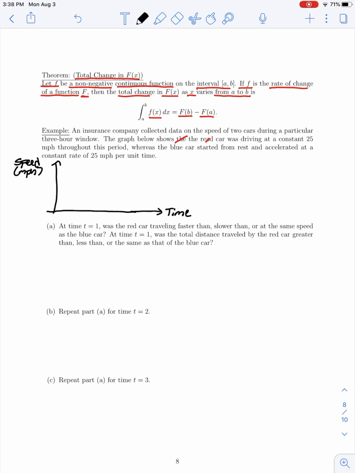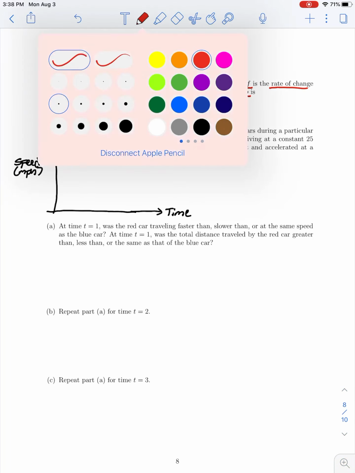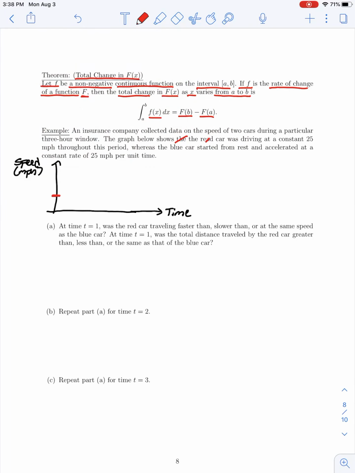So we were told that the red car was driving at a constant 25 miles per hour. So we have 25 mile per hour speed for all time. It's constant speed.